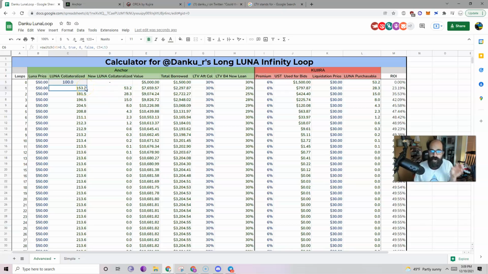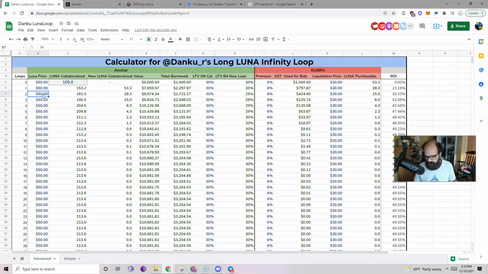If you didn't borrow against that, what you would have done effectively is reduced your LTV to 20%, which is really nice because then you're much less likely to be liquidated because you don't get liquidated until your LTV is around 50%. So at 30%, you're not too far away, but you're also not close to 50%. But at 20%, you have much more of a cushion.